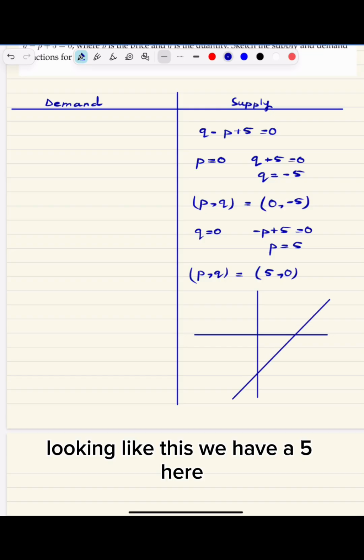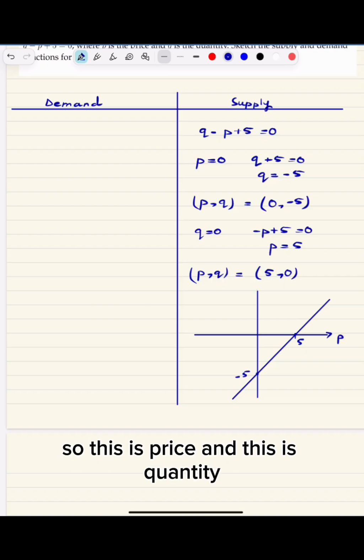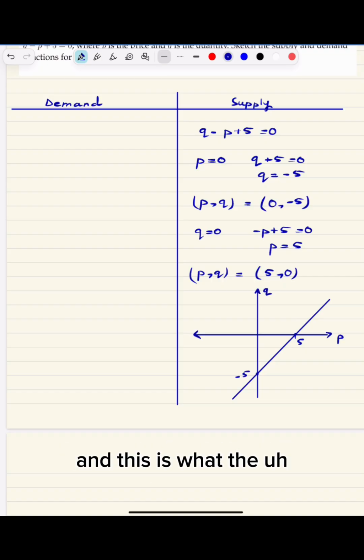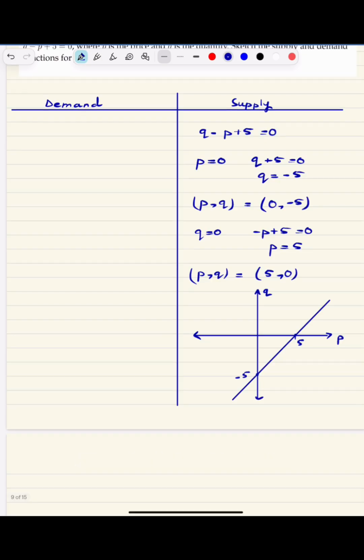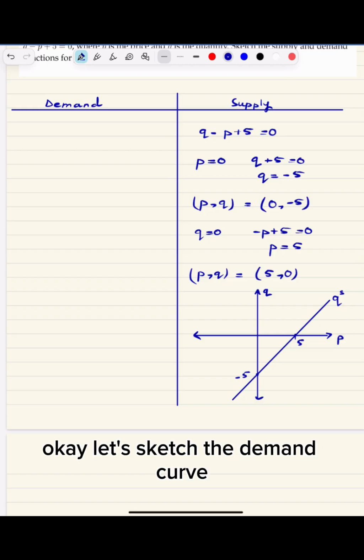We have a 5 here, we have a minus 5 here. So this is price and this is quantity, and this is what the quantity in terms of price for the supply curve looks like.